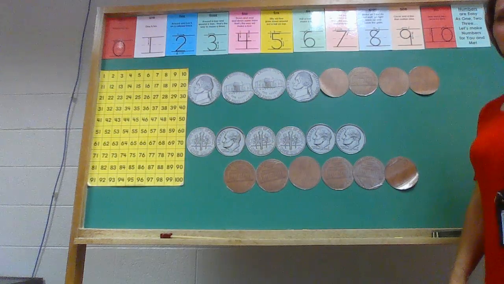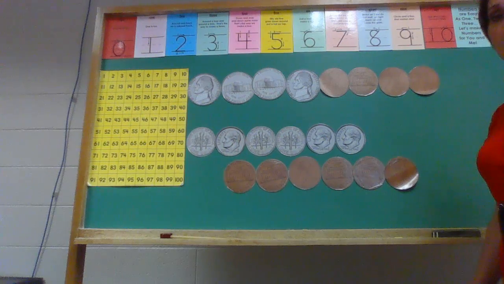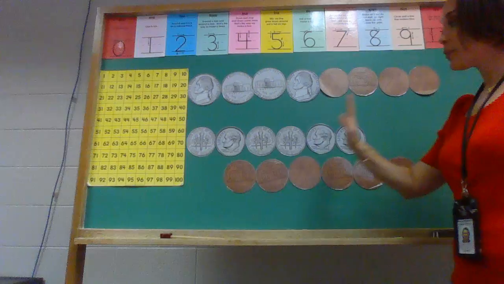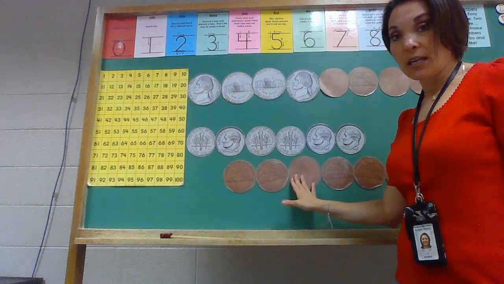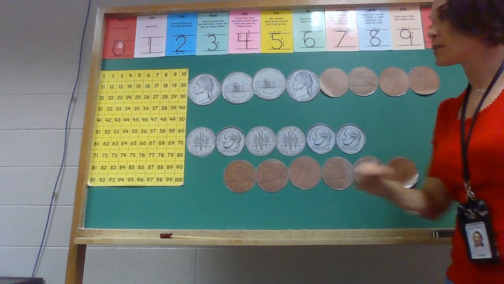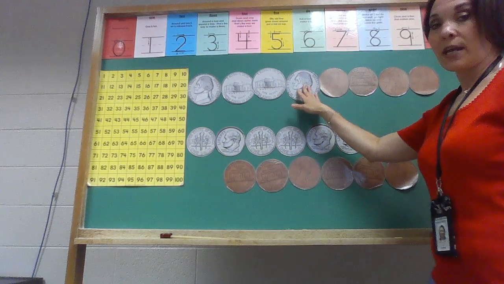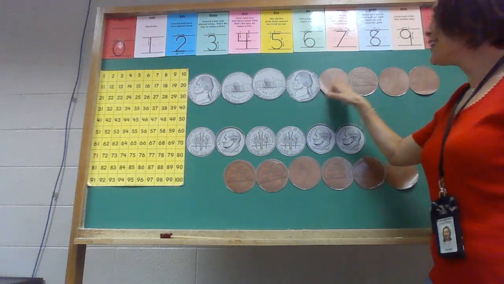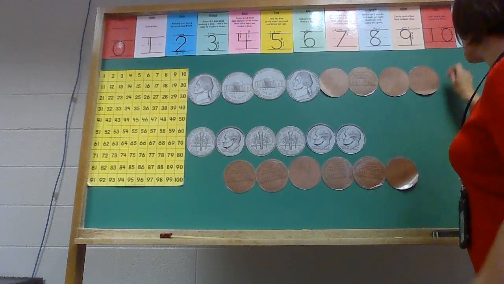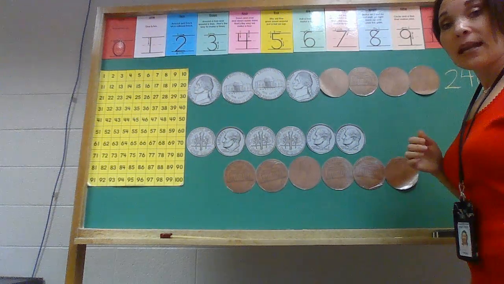Hello again, second grade friends. Here we have 2 more combinations. Now this gets a little lengthy here. So I have nickels and pennies, dimes and pennies. So here we go. Remember, nickels and pennies, skip count by fives and then count by ones. 5, 10, 15, 20, 21, 22, 23, 24. So we have 24 cents here with nickels and pennies.